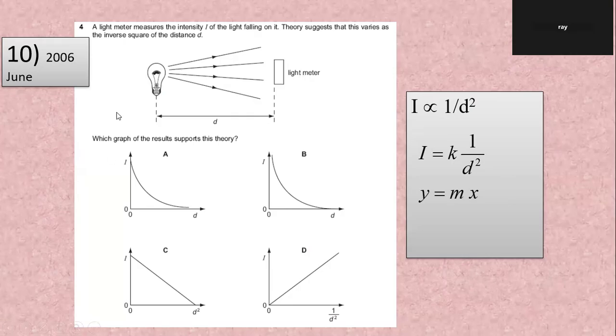It's either B or C. It cannot be A or B because it cannot touch the y-axis or the x-axis. So it should be D. Okay, I understand.